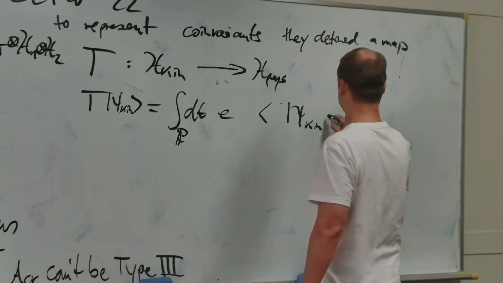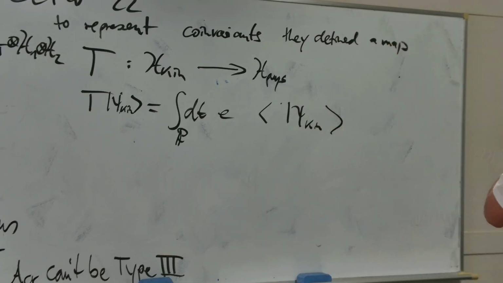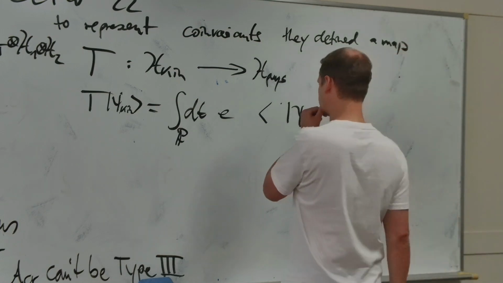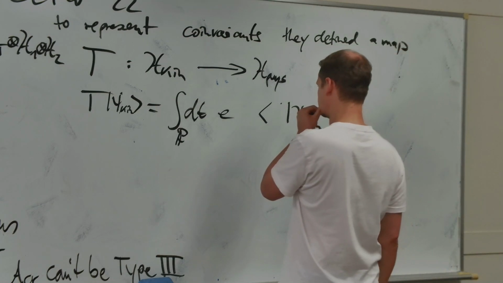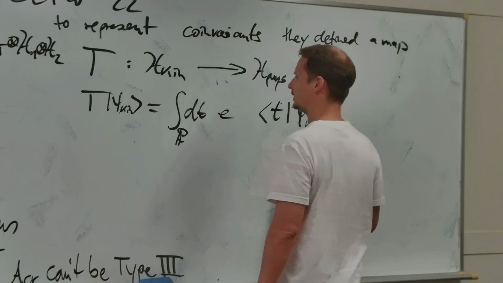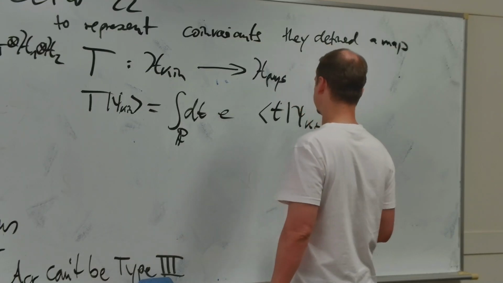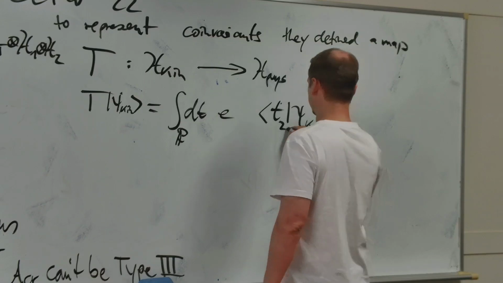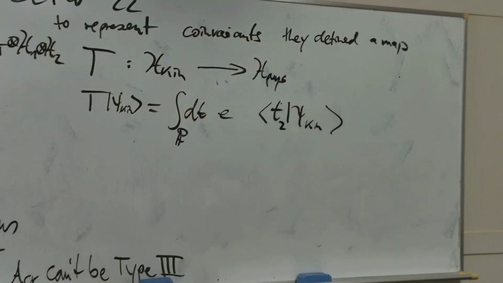Psi kin. Yeah, here put a T, and I put a T2 here. So this will be the T2, the clock states from the second one here.